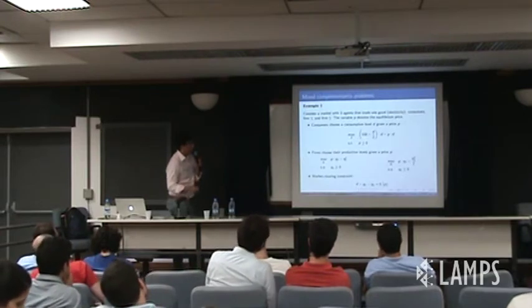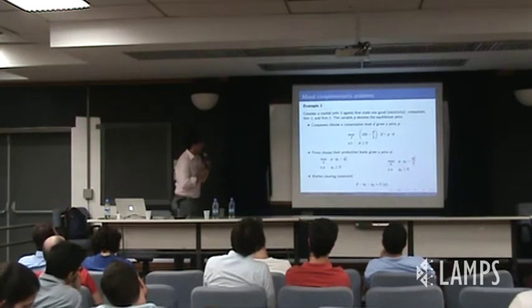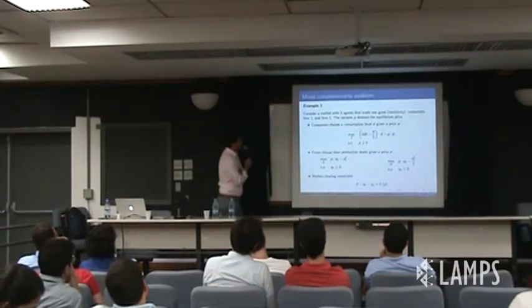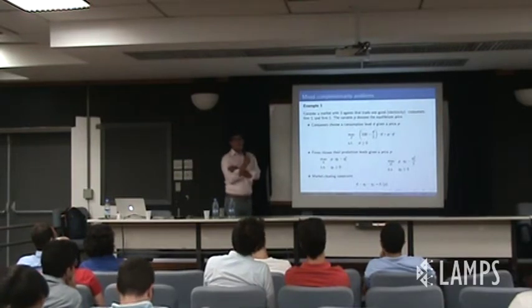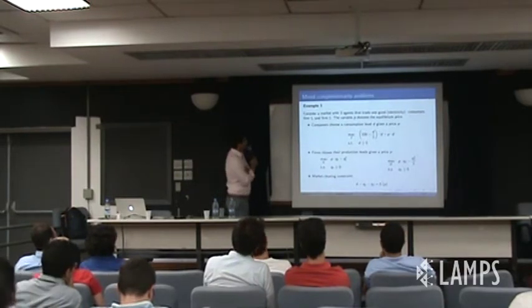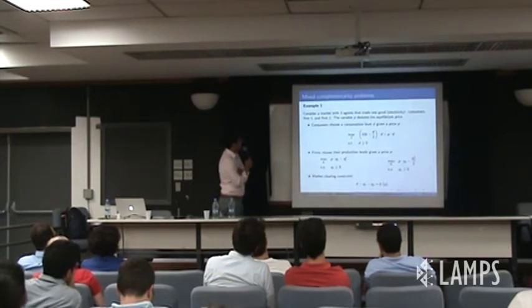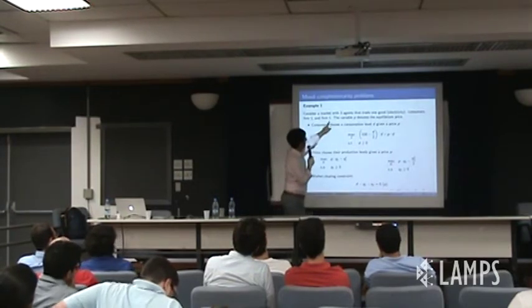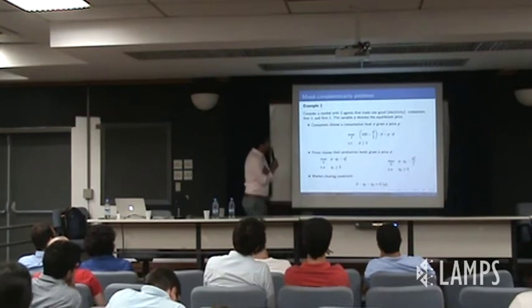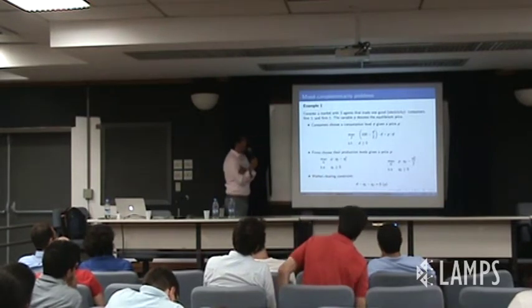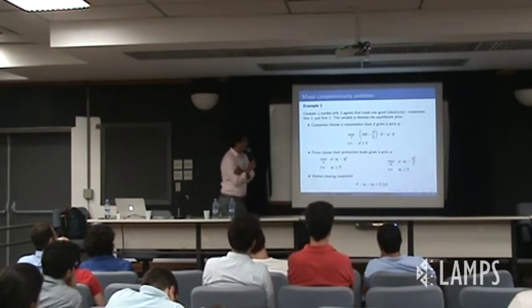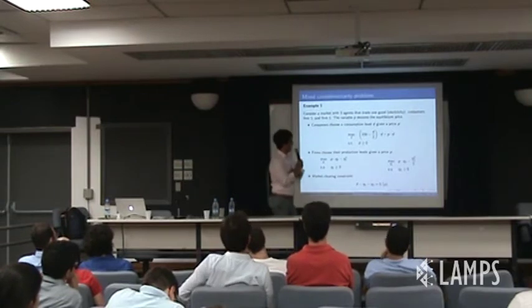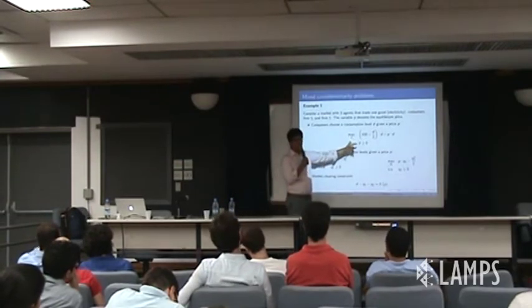Let's look at an example. Here I have a market. I have 3 agents that trade one good, of course, electricity. Consumers, firm 1, and oh, another mistake, firm 2. Okay, there's a price, P, that denotes the equilibrium price. So look at this. This is the problem of consumers.